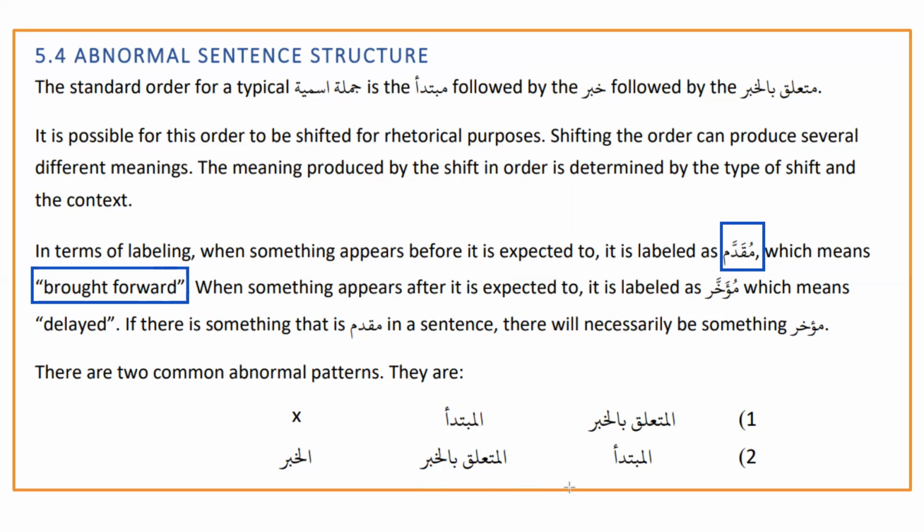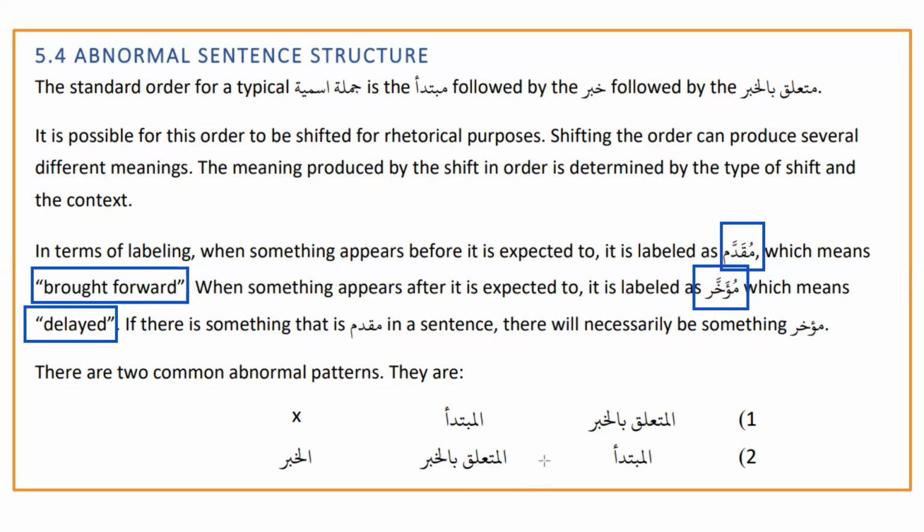Or if mutaliq bil khabar comes before mubtada, then it is متعلق بالخبر مقدم. When something appears after where it is expected, it is labeled as مؤخر, muakhar, which means delayed. So if there is something that is muqaddam, brought forward, then there will necessarily be something muakhar, something delayed.